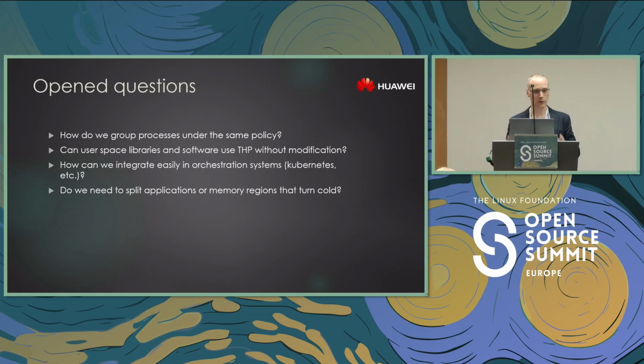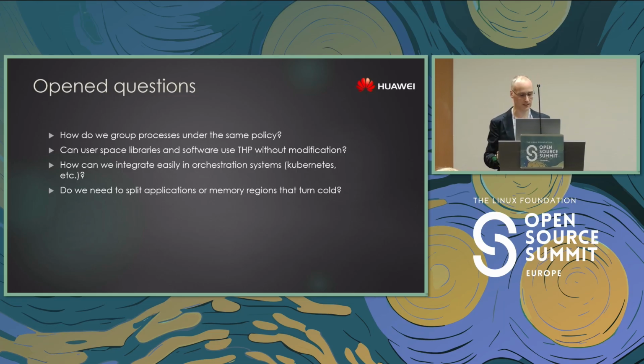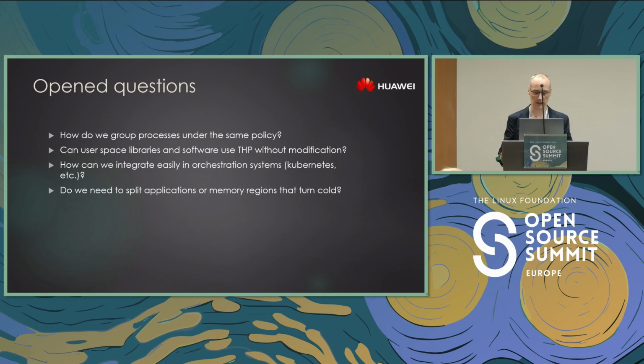When we started looking at how we could use C groups to improve TLB performance, these were the open questions we had. First, we wanted to be able to group tasks under the same policy. We wanted it to be transparent, keeping the idea of transparent huge pages, so the user doesn't need to set anything strange.